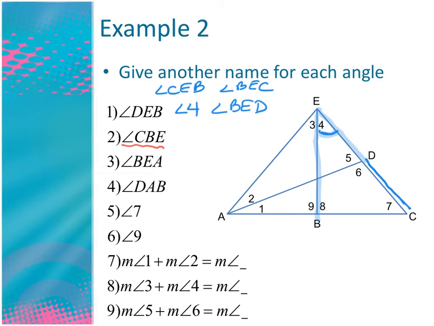So C is here, B is here, and E is up here. So we're going to go in that order, C to B to E this time. And notice I've got an 8 here, so I can say it's angle 8. And the other way to name this is just to reverse and put the E first, then the B, then the C. Because I can also go in this direction, as long as B was in the middle.